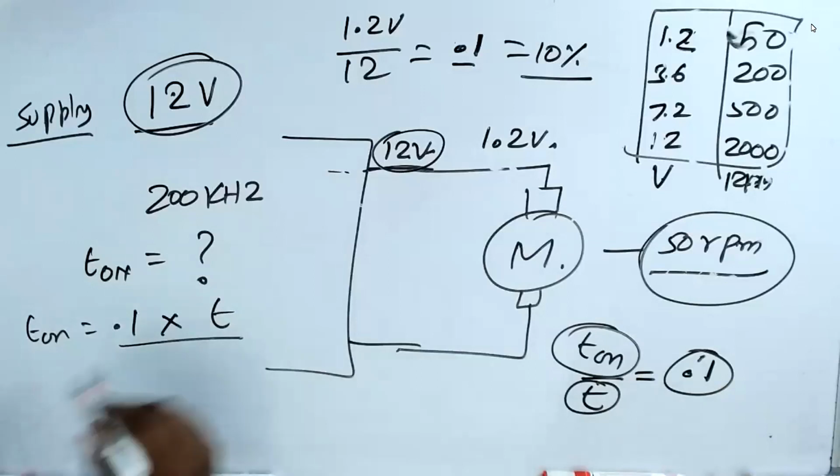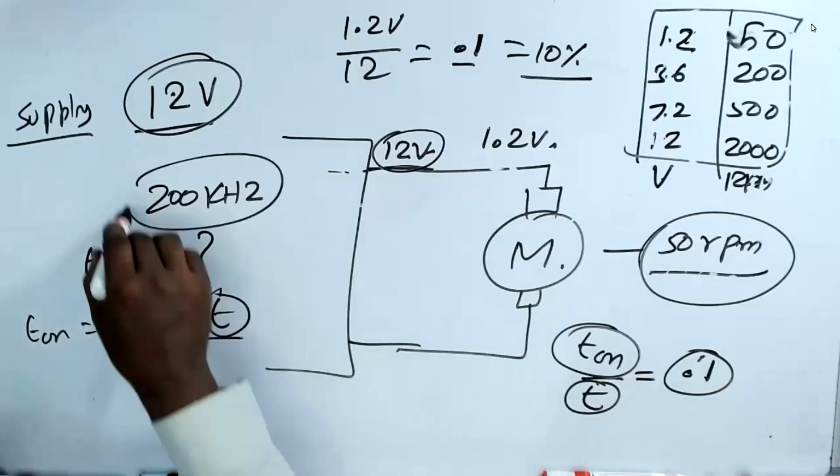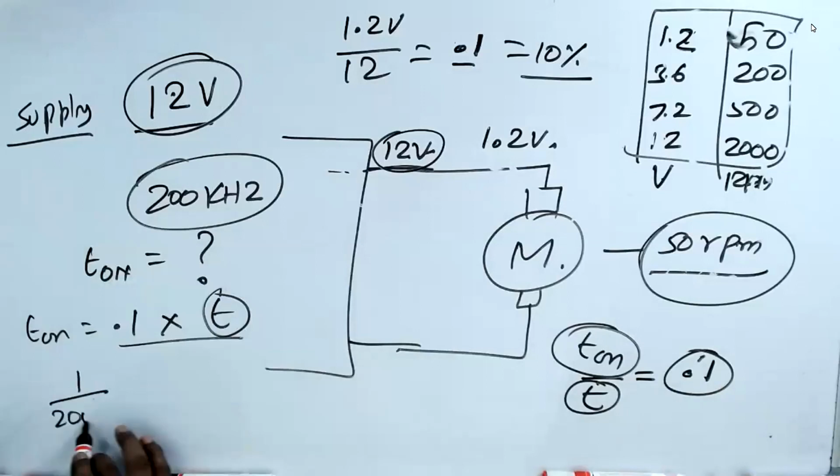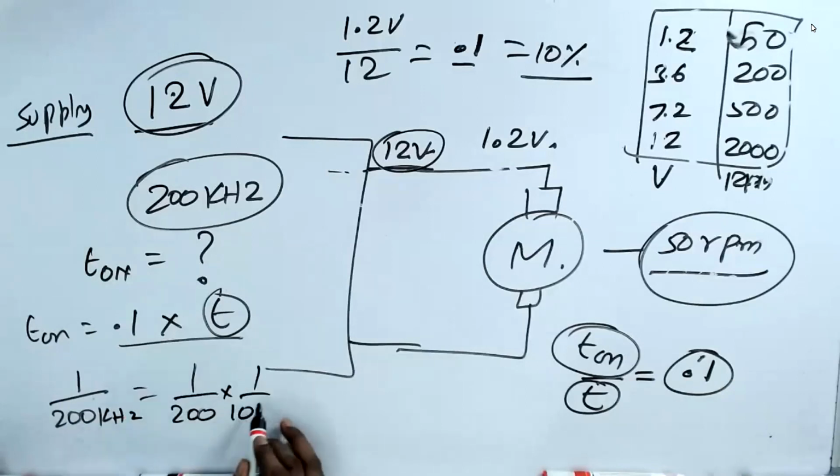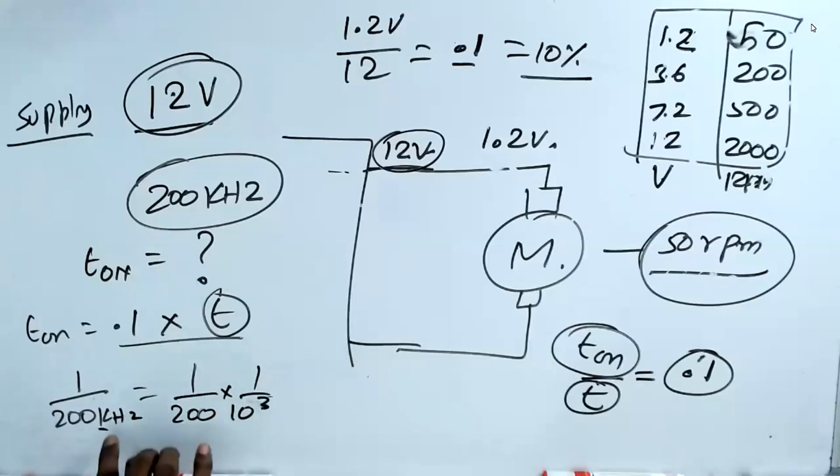So T is 1 by 200 kilohertz, which is equal to 1 by 200 into 1 by 10 power 3, because kilo is 10 power 3, and 1 by hertz is second. So the 1 by 10 power 3 becomes 10 power minus 3.